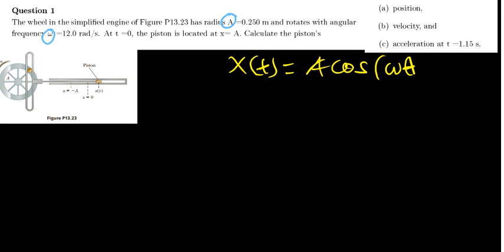Okay, thank you. So this is the formula which we use for the position as a function of time.